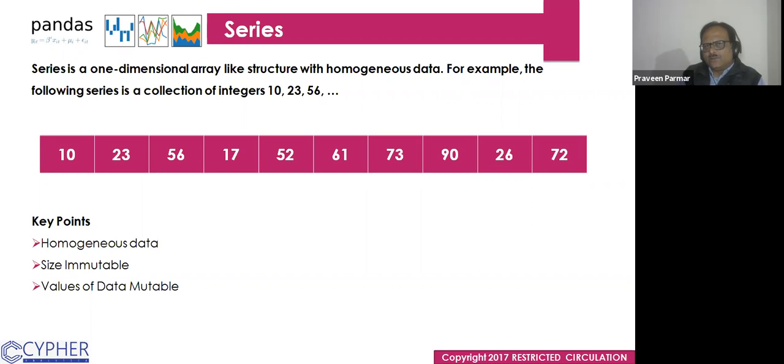We could change the value as we could change the values in a vector also. Instead of 52, if you want to write 25, you could mutate it. If you want to reduce the size, you could not reduce it. If you want to remove some value, then you have to write NA there. It may be NA missing, but you could not resize it.